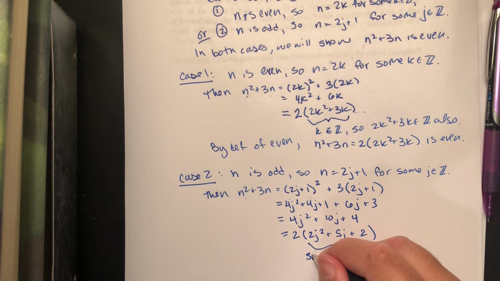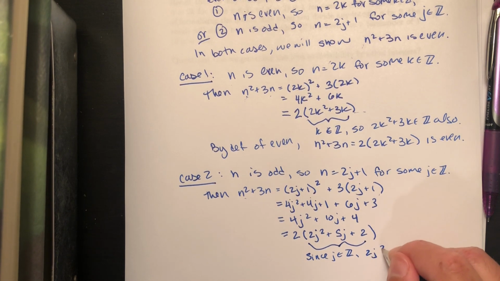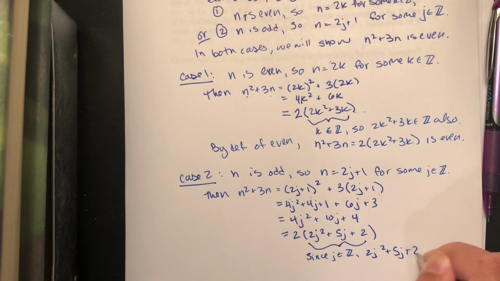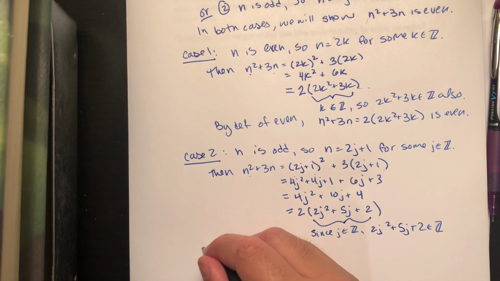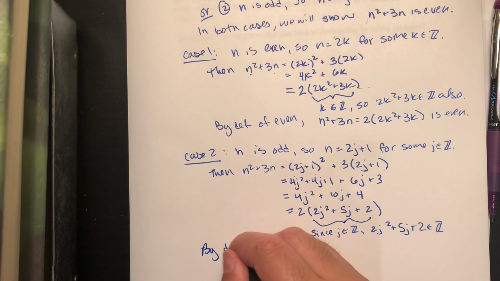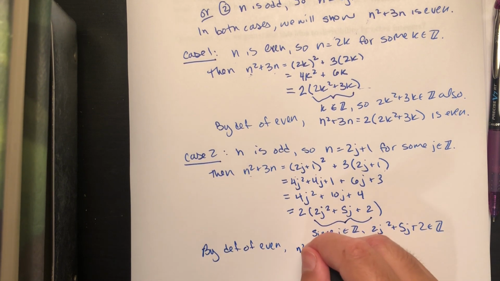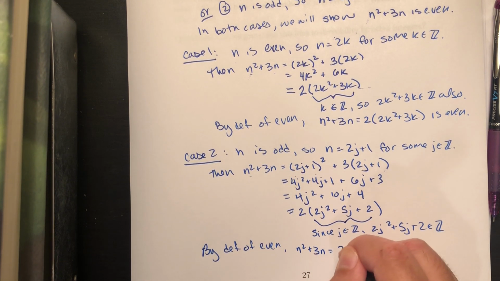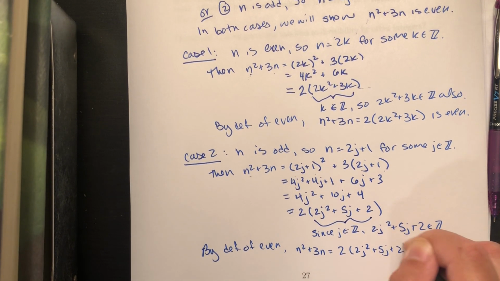So since j is an integer, we have that 2j squared plus 5j plus 2 is also an integer, which means by the definition of even, we've shown once again that n squared plus 3n can be written as 2 times an integer. So n squared plus 3n is even.